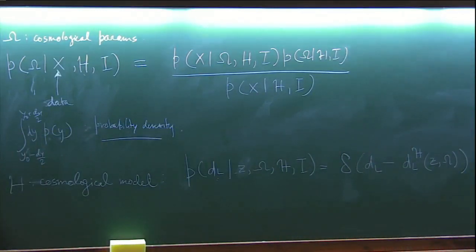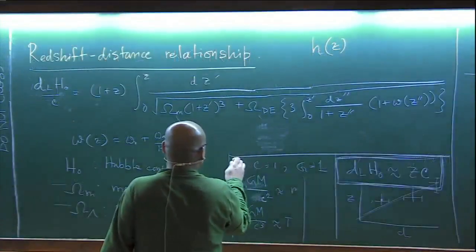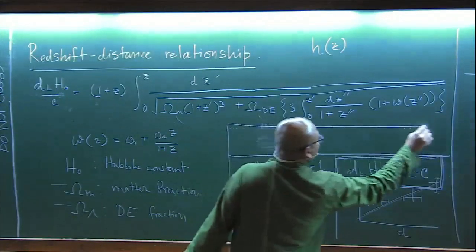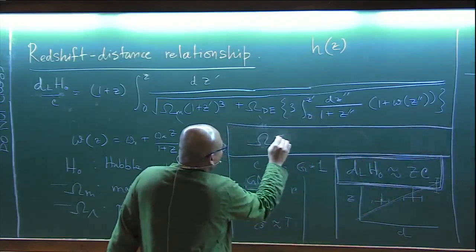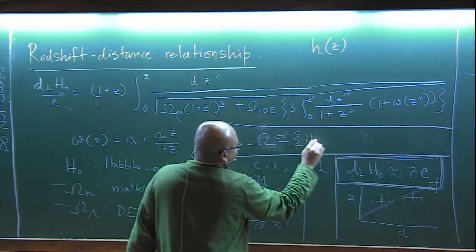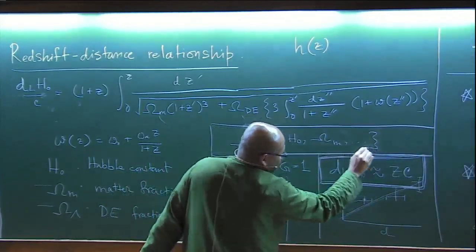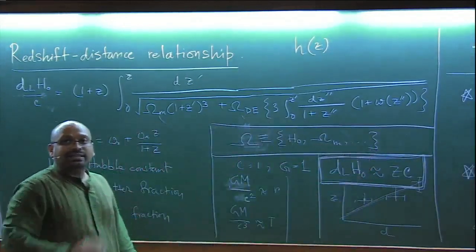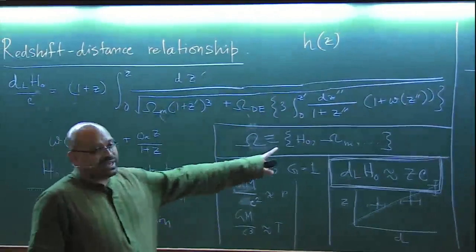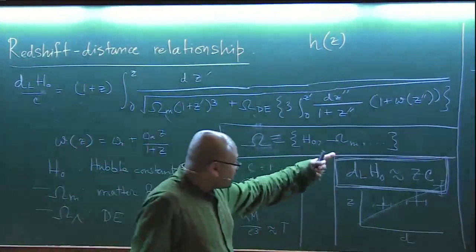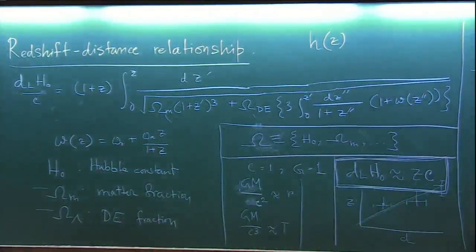Omega is the set of cosmological parameters. Let me make it also clear. Omega is the set of all the cosmological parameters that I'm talking about here, h naught, omega matter, whatever I'm able to measure. In terms of practicality, we'll be able to measure only h naught and not omega matter, at least in the foreseeable future.